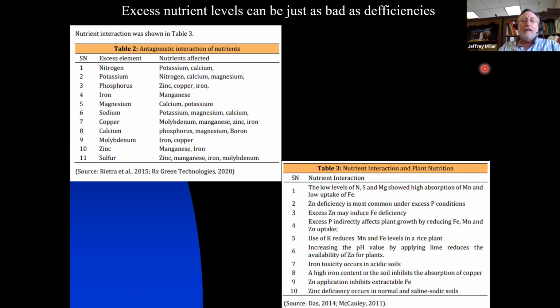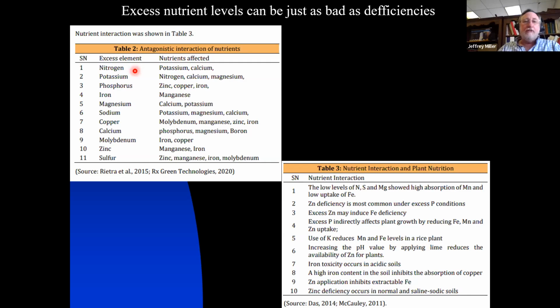I do want to make the point that excess nutrient levels can be just as bad as deficiencies. You know, I think people sometimes think of the soil as a bank, and it doesn't matter if you oversupply any particular nutrient in that bank, it'll just be there for some future date. And unfortunately, excess amounts of some nutrients interfere with the uptake and utilization of other nutrients.